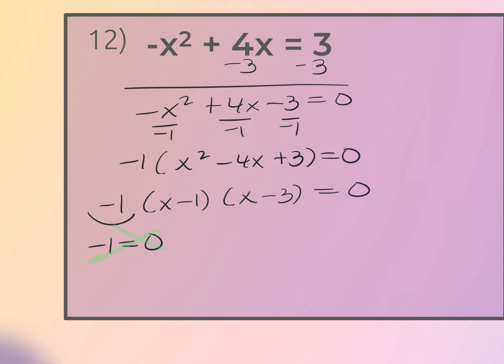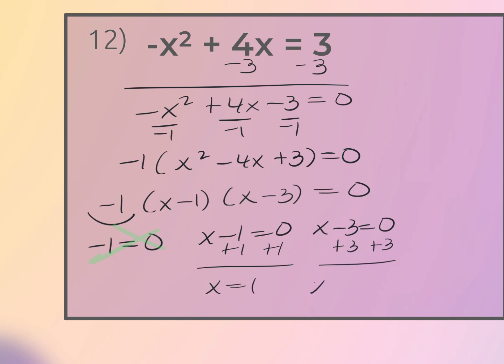Now, if that GCF that I pulled out had a variable, then I would have solved it. But here, all I have to solve is the x minus 1 equals 0 and the x minus 3. X equals positive 1 and x equals positive 3.